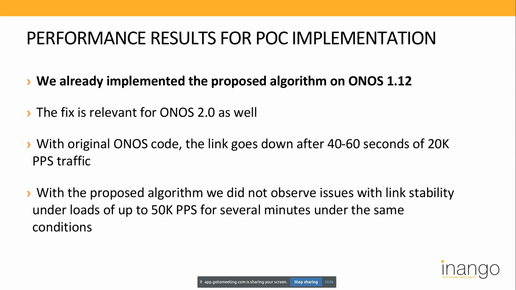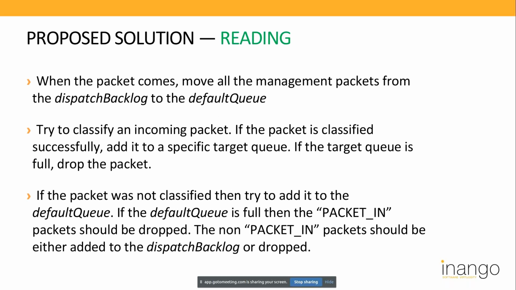So let's describe fully how we suggest to read and process packets. First of all, according to our algorithm, we move all old messages from the dispatch backlog to the default queue as it works currently. Then we classify the incoming packet. If classification was made successfully, then we know the target queue for the packet. If we can't classify it, then the packet goes to the default queue.